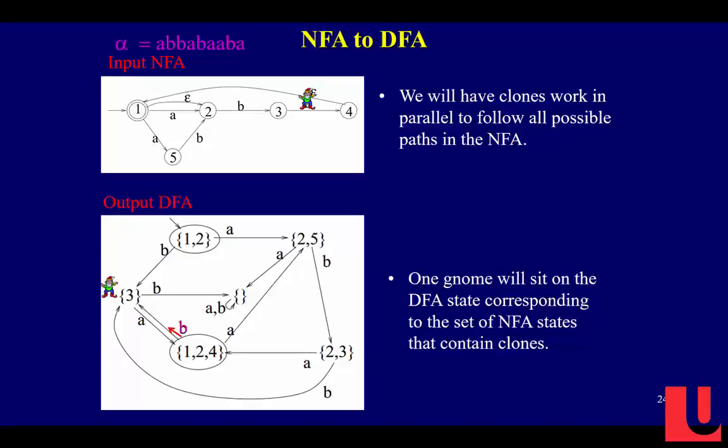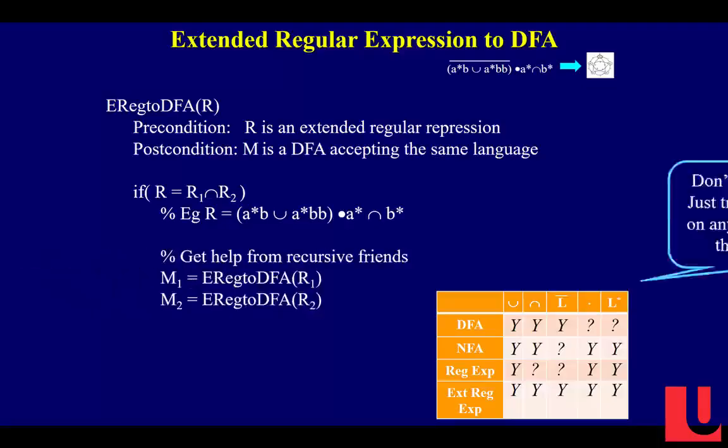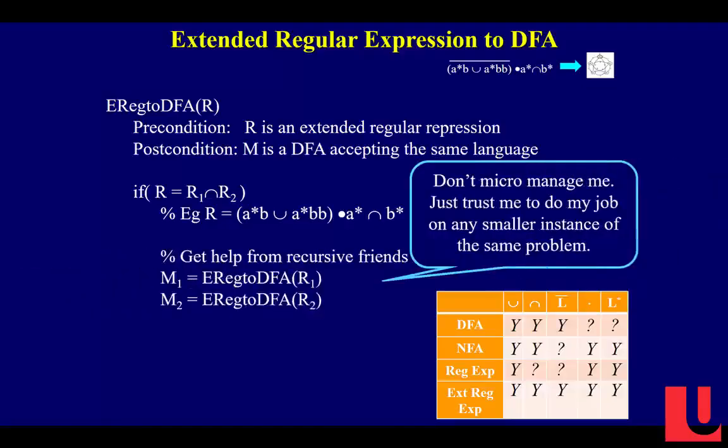So those are the ideas that I think are good to know. And then, building the DFA given an extended regular expression, how do you do it? I think this is just good for knowing how to do recursion in general.